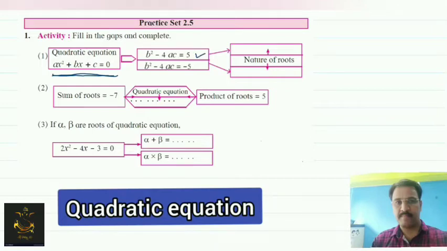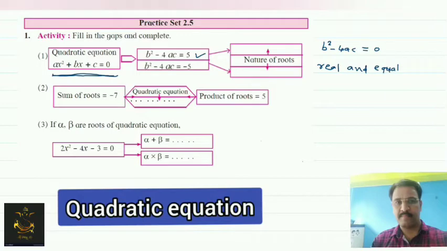As we studied, if b square minus 4ac is equal to 0, then the roots are real and equal. Okay, that is very important.